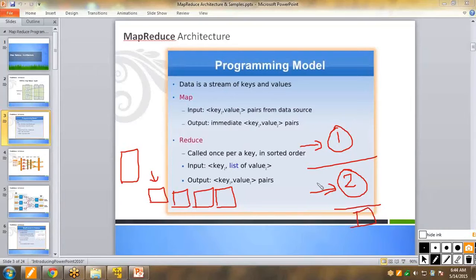PuTTY is not only for the Unix stuff. It is like a terminal to do any activity. It could be file accessing, or it could be running a Mapreduce job. You develop a Mapreduce job in Eclipse, but running would happen from PuTTY.